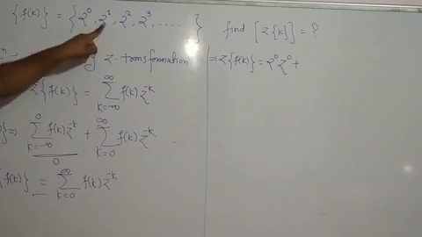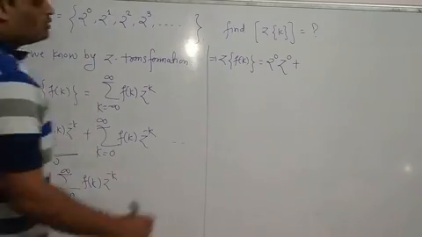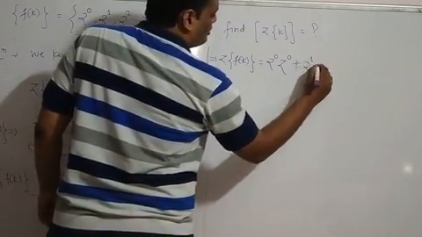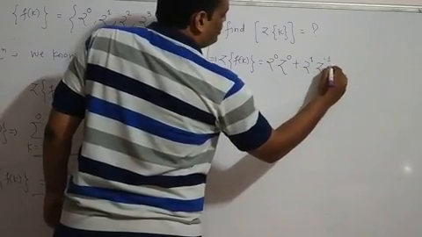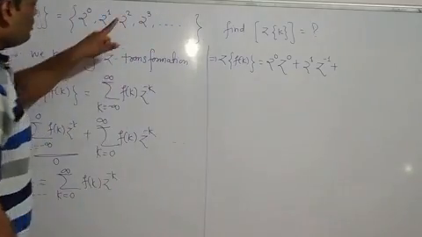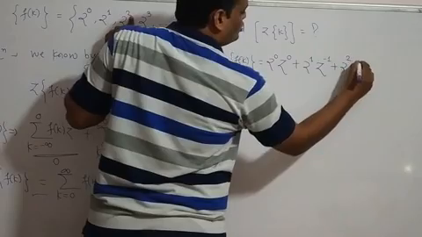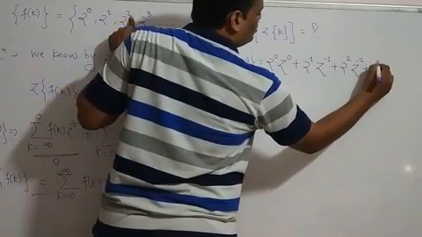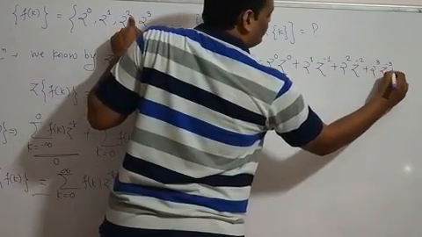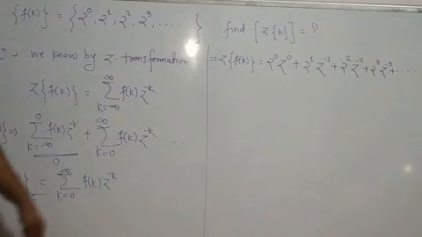What is f of 1? It is 2 raised to 1. So you have 2 raised to 1 z raised to minus 1. Now put k equal to 2. You have 2 raised to 2 z raised to minus 2 plus 2 raised to 3 z raised to minus 3 plus so on, and it will continue up to infinity.